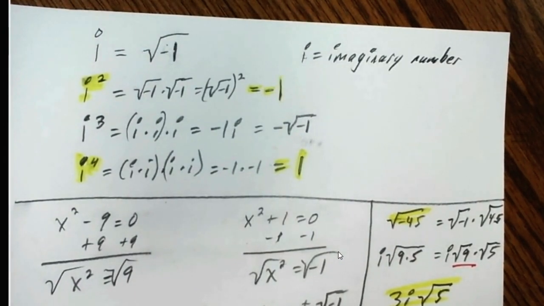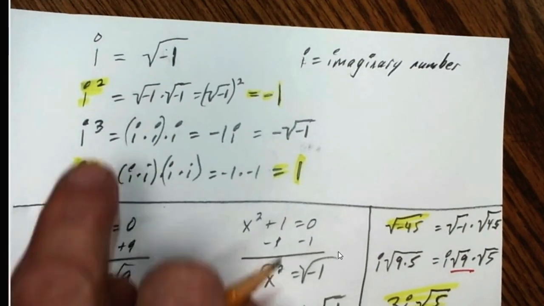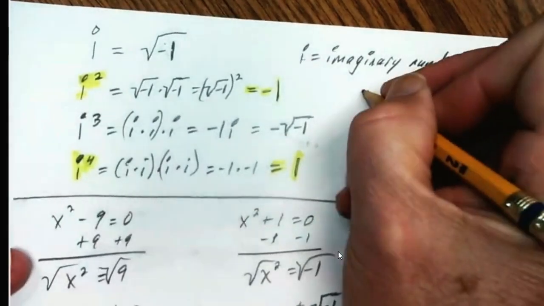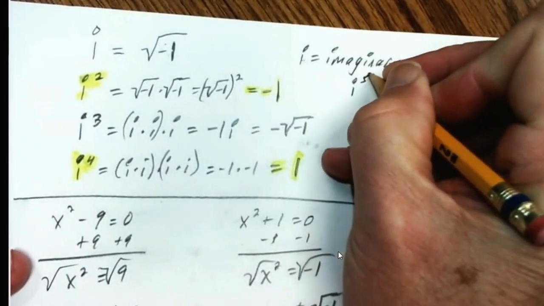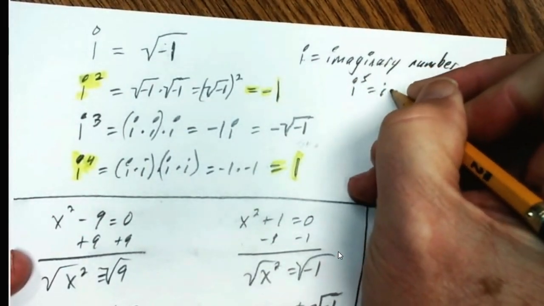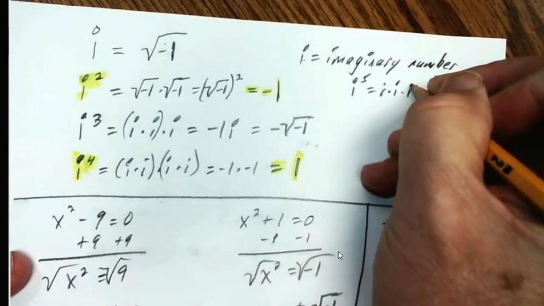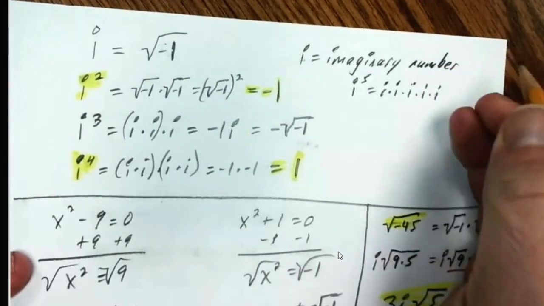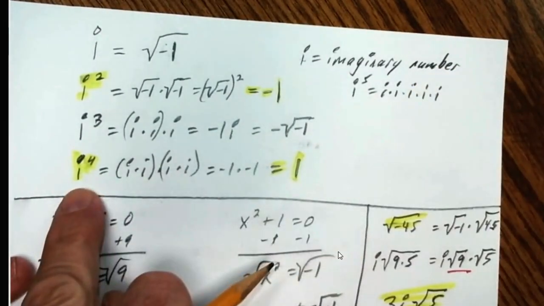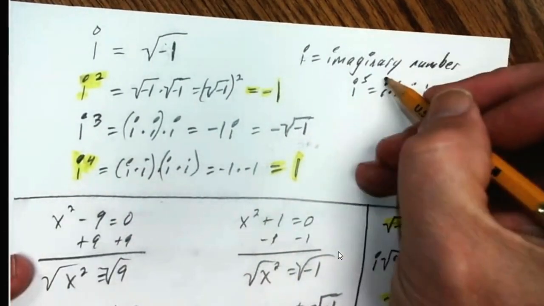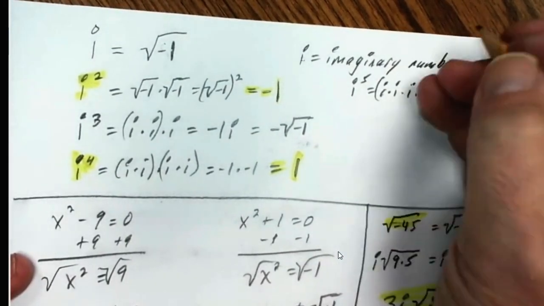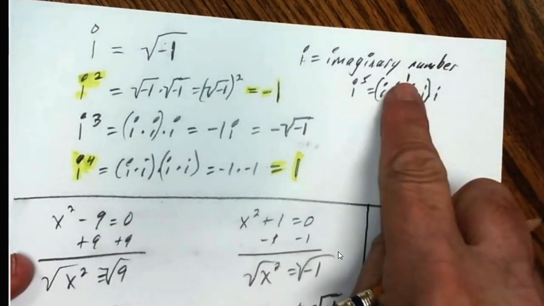Now here's the really cool thing. There's a pattern here: i squared, i third, i to the fourth. What about when we get i to the fifth? That's i times i times i times i times i. Well, we know i to the fourth is 1, so this all equals 1 times i.